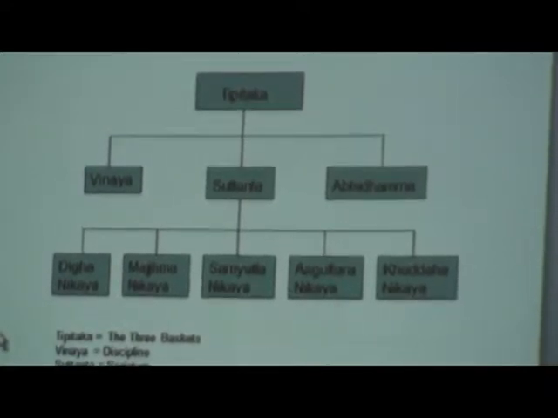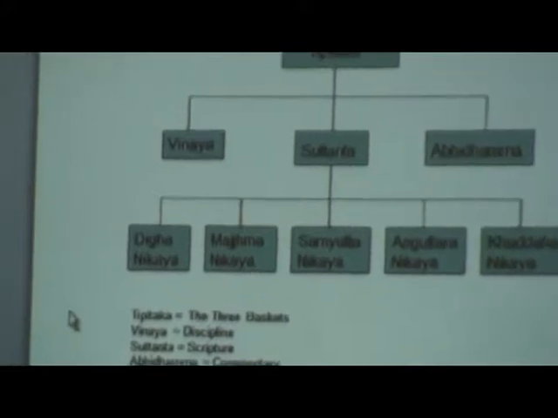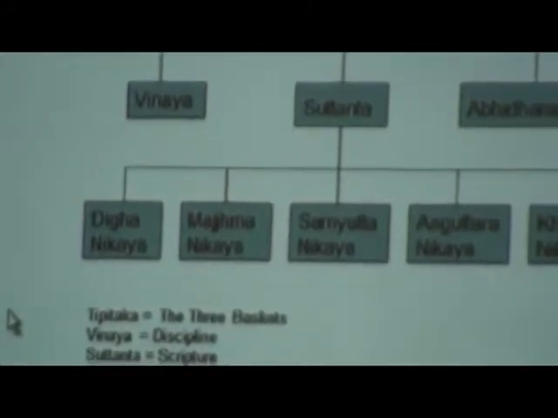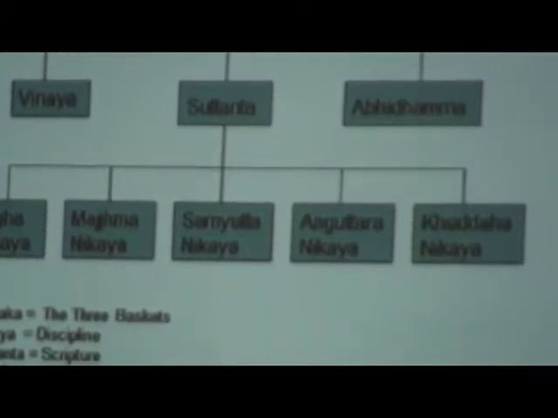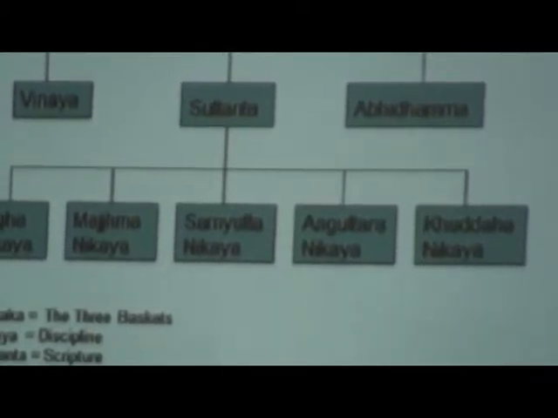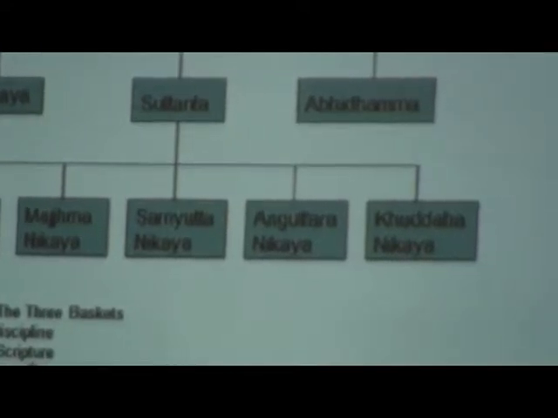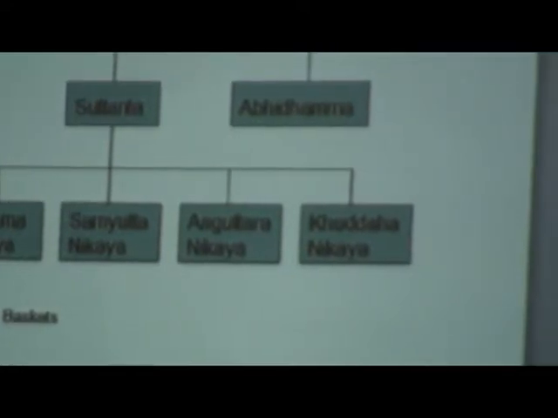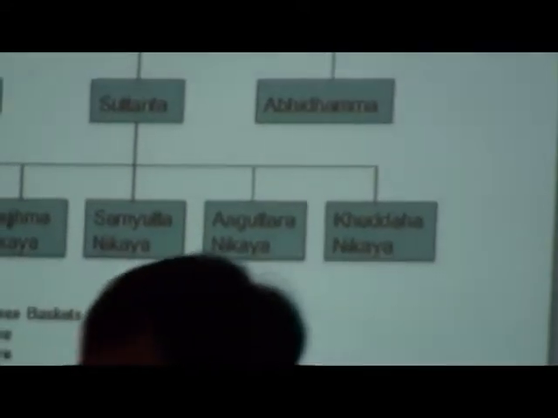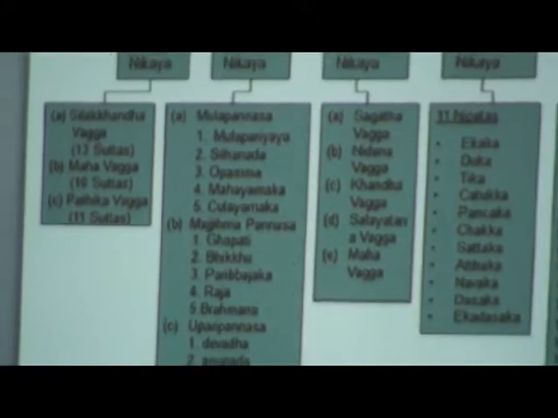Digha means the lengthy, the long discourses. Majjhima is the middle length. Samyutta is the connected discourses. And Anguttara means that it's arranged in a numerical way. And the Khuddaka, well, it is translated as small discourses, but you can see that they are actually not small at all. 18 of them.